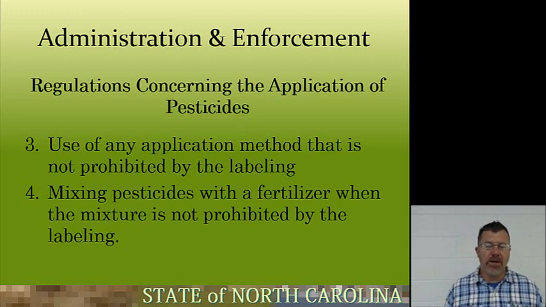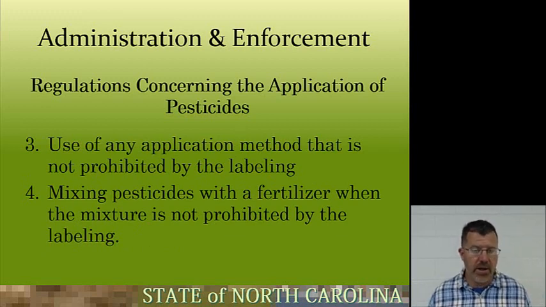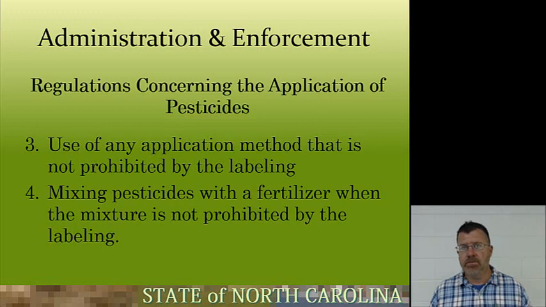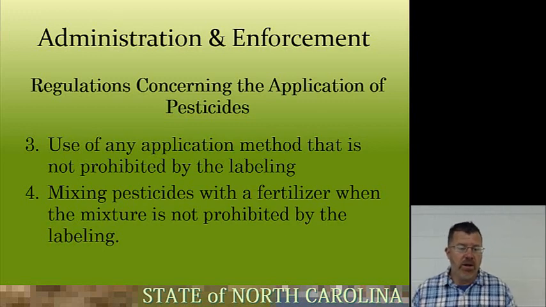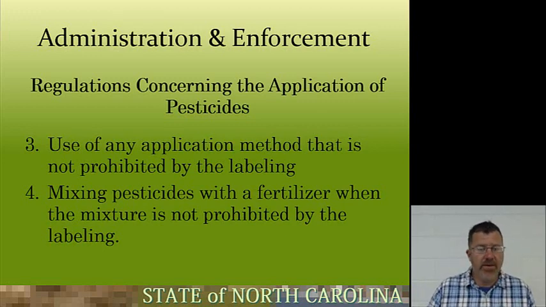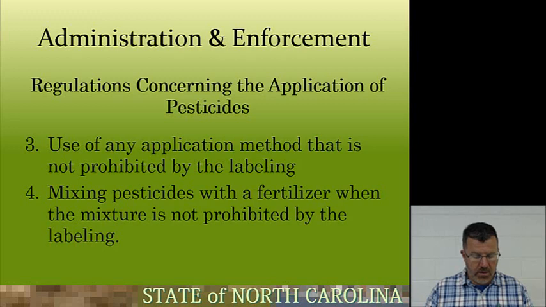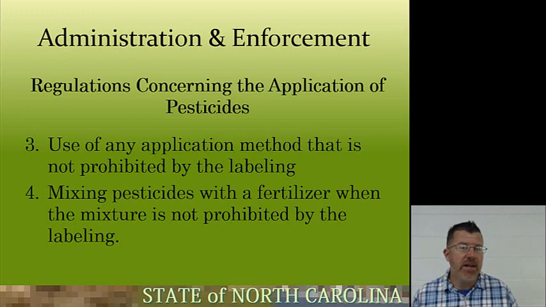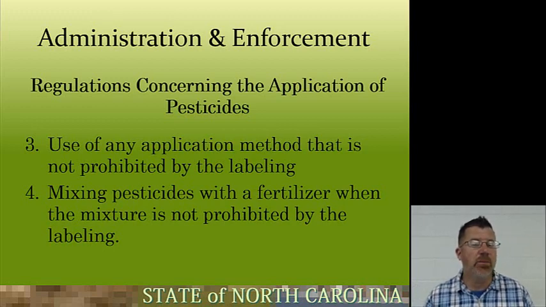You can use any application method that is not prohibited by the labeling. Now, if it says not to apply it by aerial methods, you're not going to apply it by aerial methods. But if it's not stated on the label that you cannot, basically what it's saying is you can apply it however you need to, as long as the label doesn't say that you cannot.